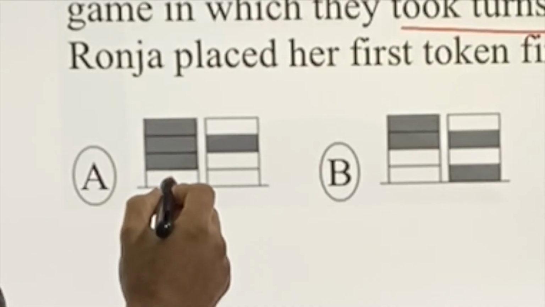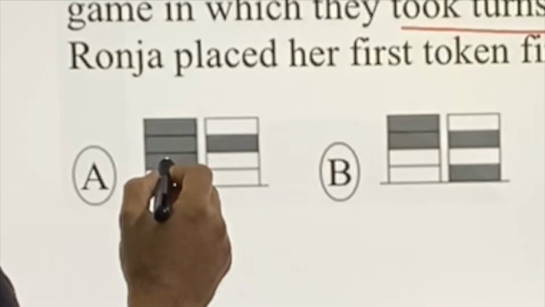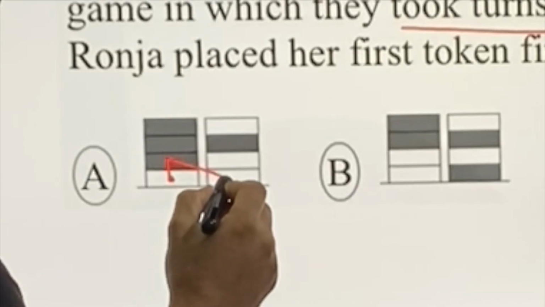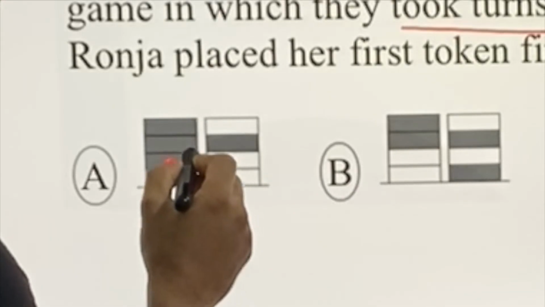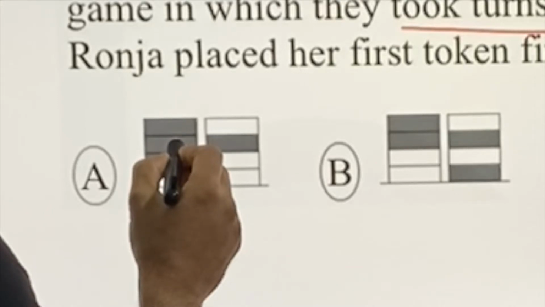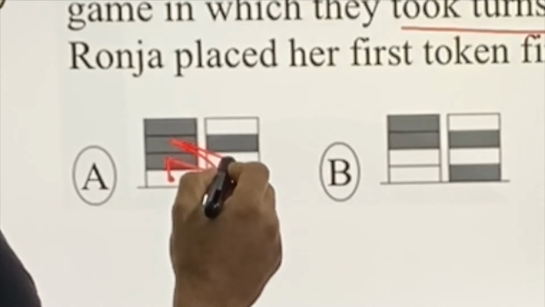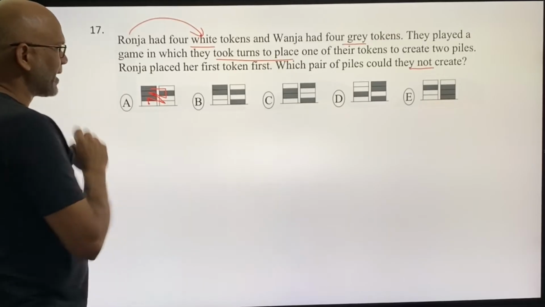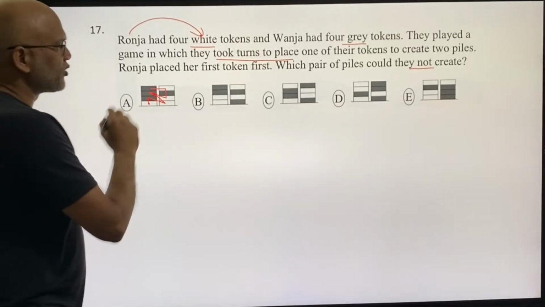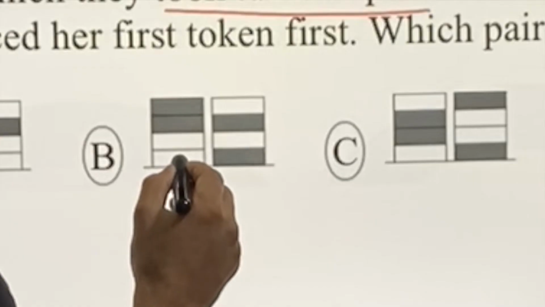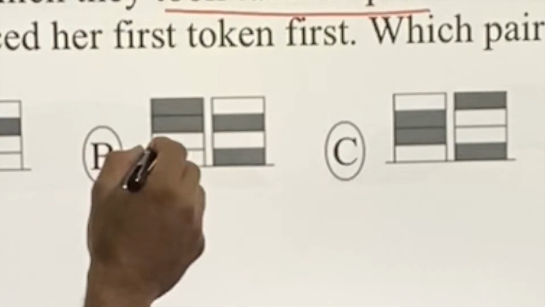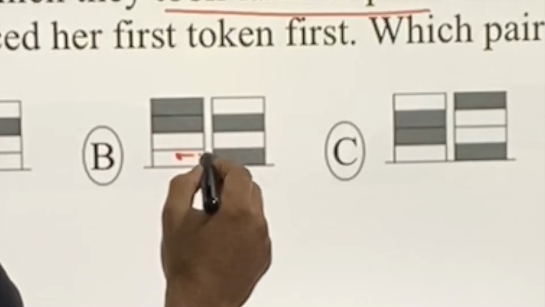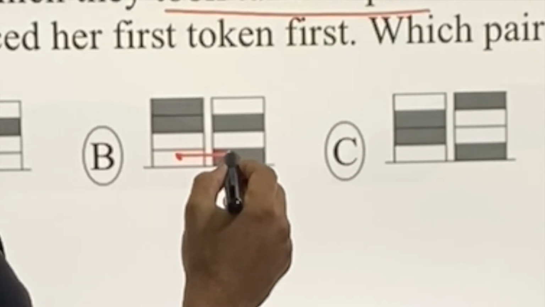Need a white, and then gray. This is the only choice, and then I need a white, then a gray, then white, gray, white, gray. So I can make this one. Let's try B. I have to start with white because white goes first, and gray, this is the only choice. Then I need white.